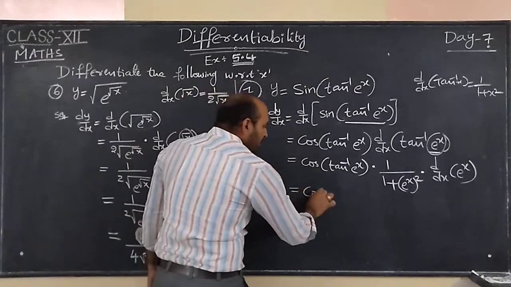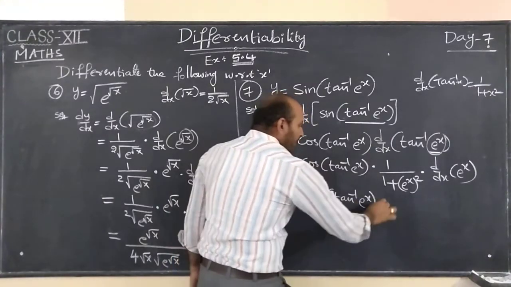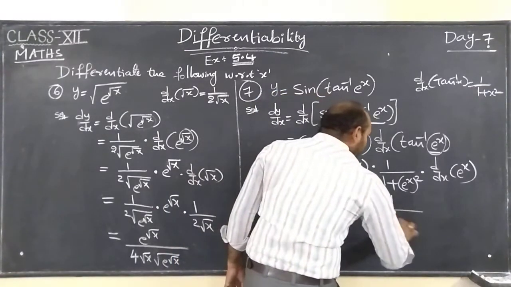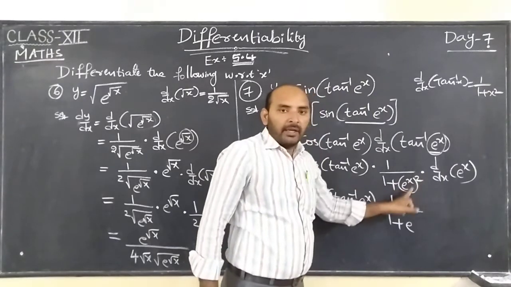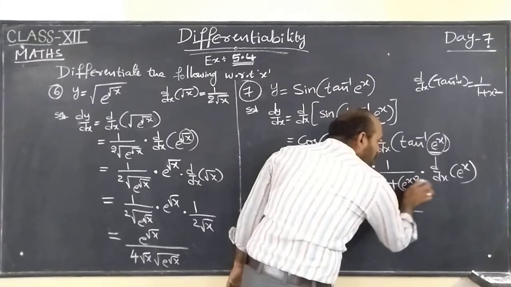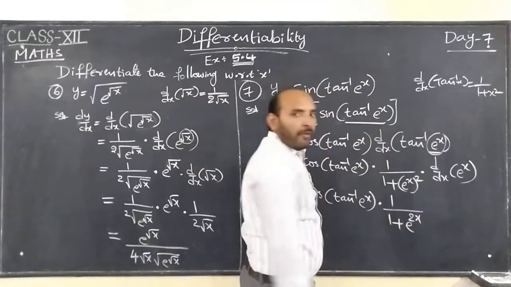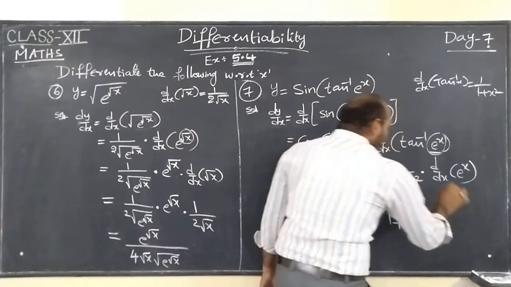Now cos of tan inverse e power x into 1 divided by 1 plus e power x whole power 2. Using a power m whole power n equals a power mn, that is e power 2x, into the derivative of e power x, which is e power x.